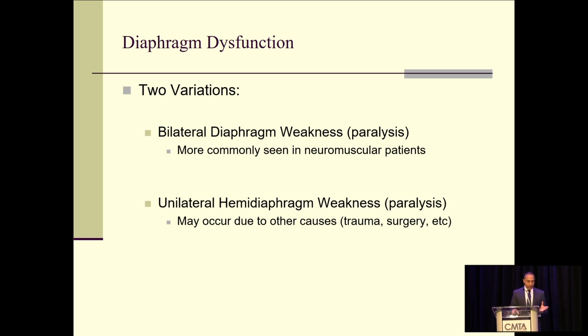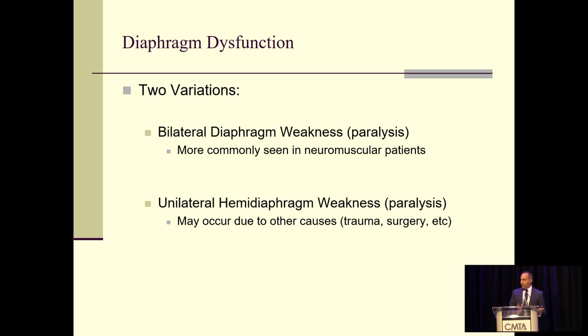So we've mentioned you can have either bilateral or unilateral, either weakness or paralysis. And you have to remember, as one of the neurologists from Denver mentioned earlier, you go to 2 extremes. You can go to a pulmonologist and say, I'm short of breath, and they'll never blame it on CMT. They say it has nothing to do with CMT.